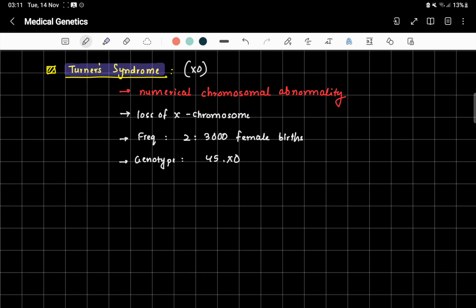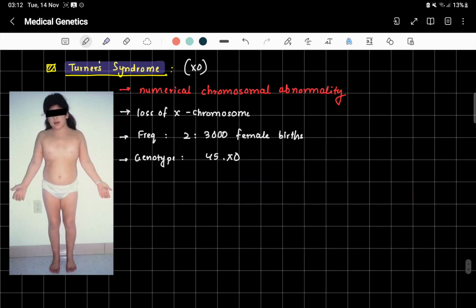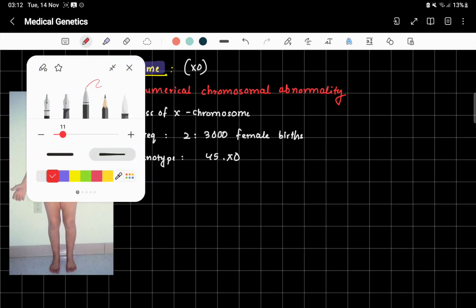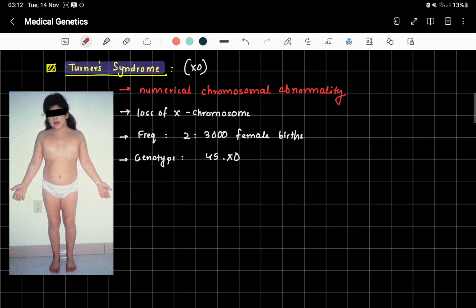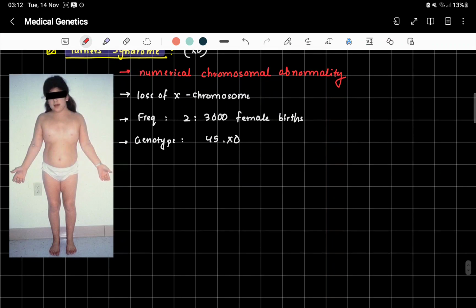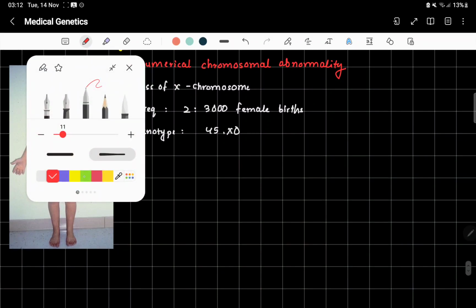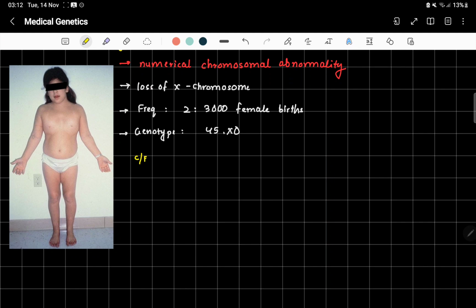Let's look at a female with Turner syndrome. So here is our patient, a girl with the Turner syndrome. Let's discuss the features here. You can see she has short stature, the height is short, and with webbed neck. Look at the neck portion, it is webbed and wide.